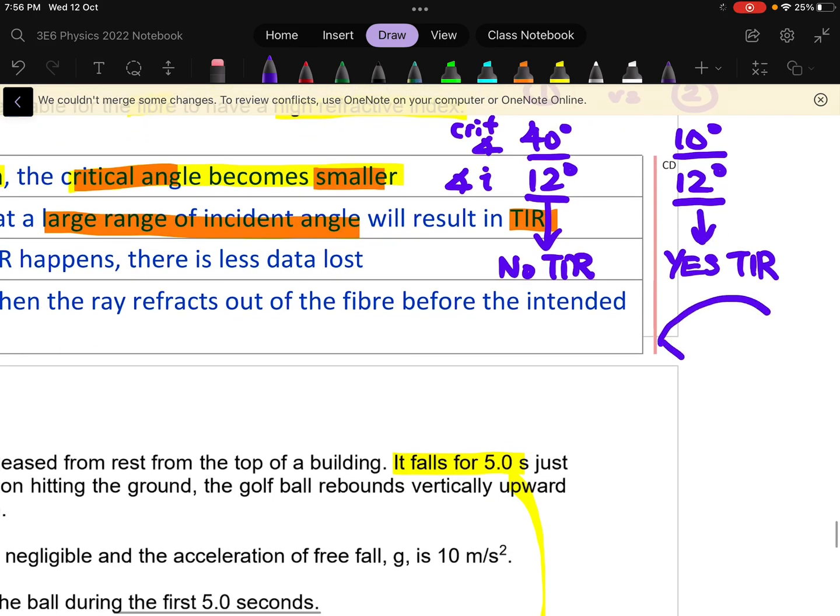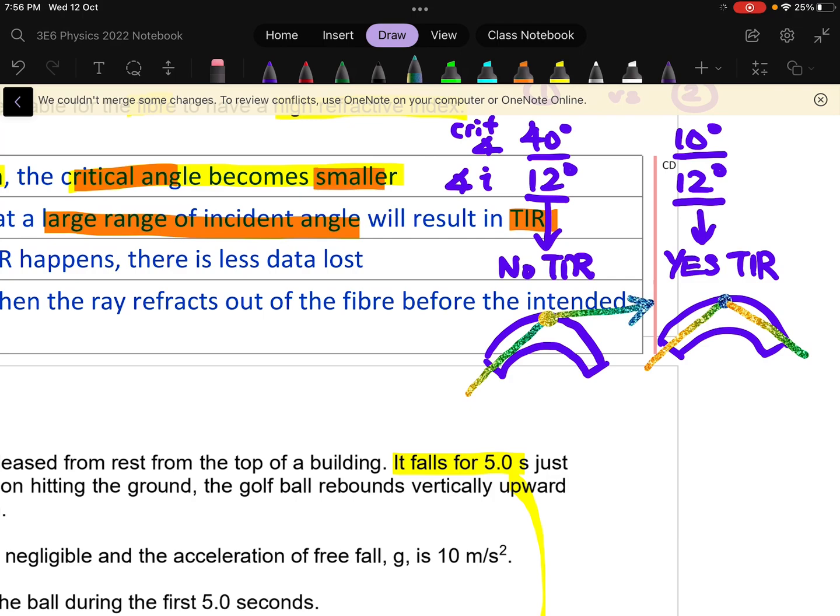And in an optical fiber, you need TIR because when light enters the optical fiber, you need TIR for the light to be trapped within the optical fiber. Otherwise, like in case 1, if your optical fiber doesn't allow you to have TIR, when the light enters the optical fiber at this point, if there's no TIR, the light will actually escape.